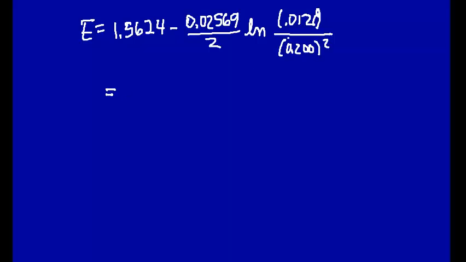And you calculate this, it comes out to be negative, which means that this will be a positive, so you're adding on to this, 1.5779 volts.